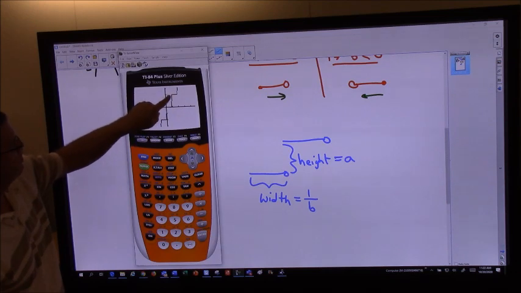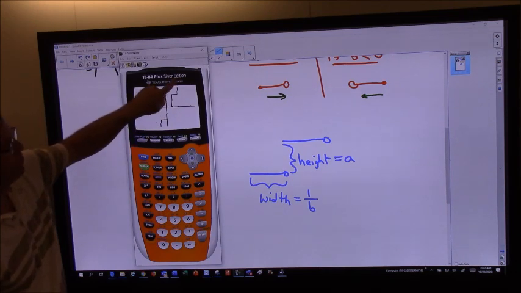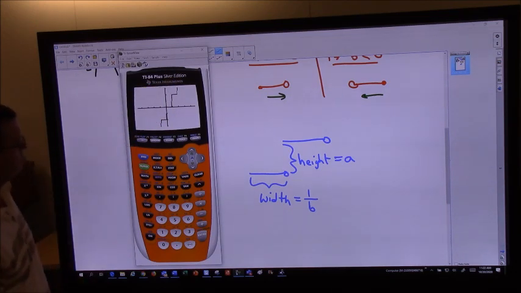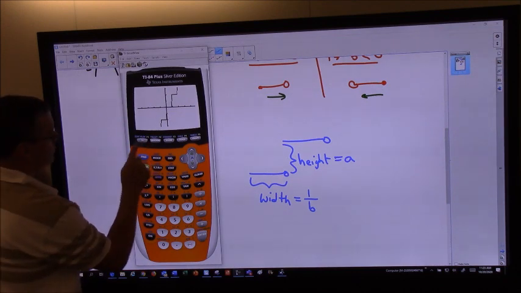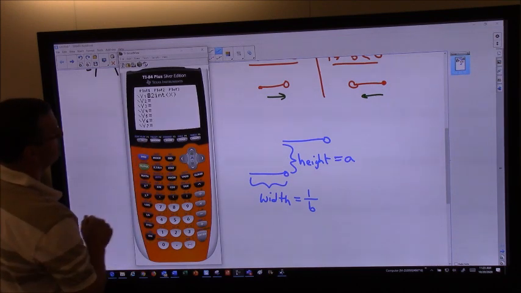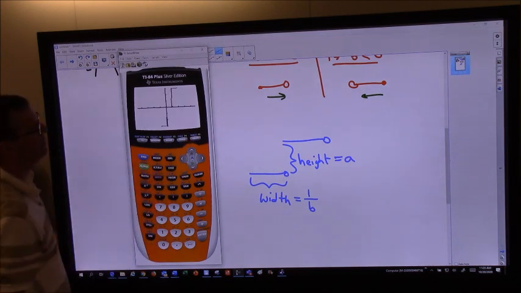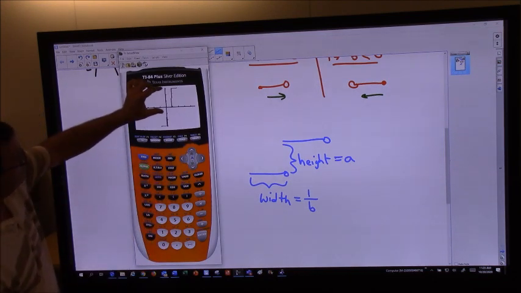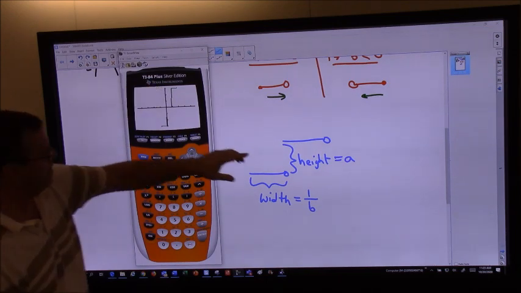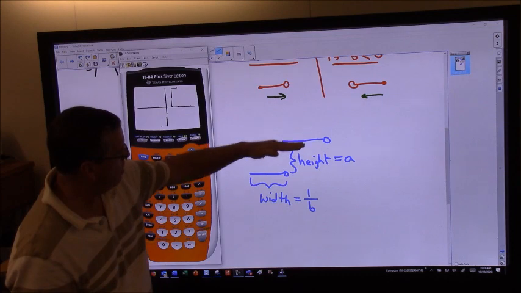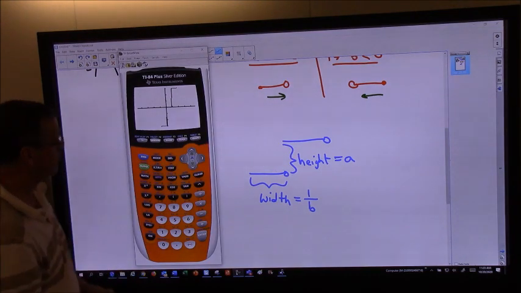I'm going up 2 units. There's the next one. Go up 2 units. We'll hit the next one. Okay? If I change that to a 3, whoops, and graph it, now I'm going up 3 units to get to the next step. Okay? So the a value controls how high our steps are.